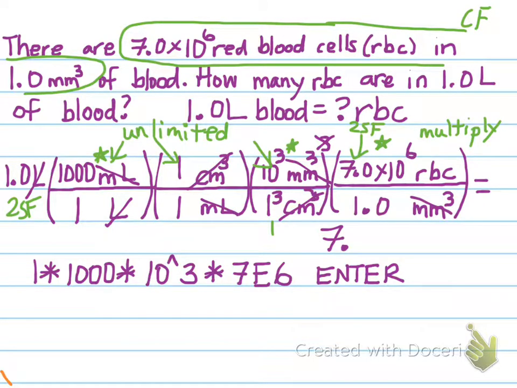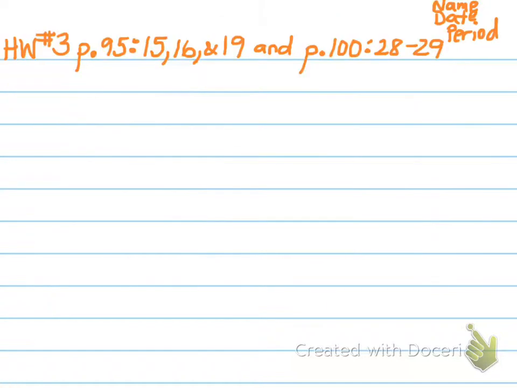So my answer should have 2 significant figures, so I need to write it as 7.0 times 10 to the 12th red blood cells. So that's a couple examples of those more complex units.